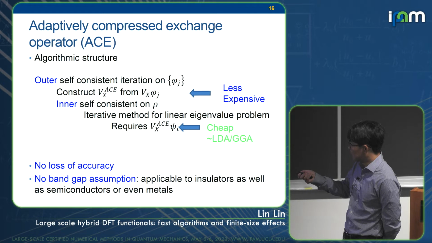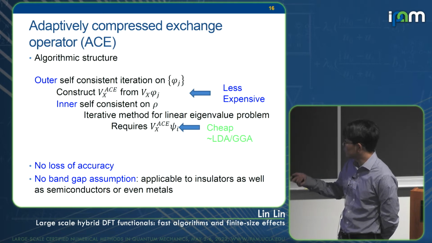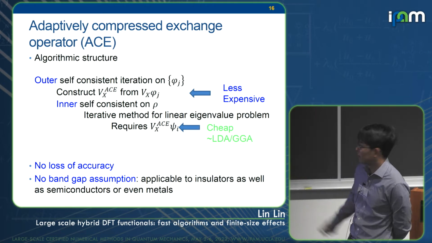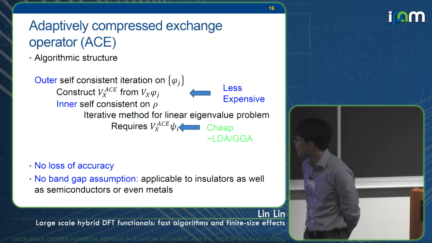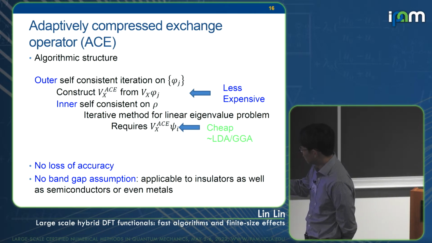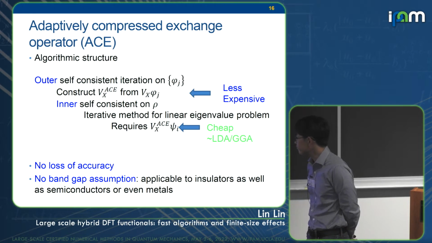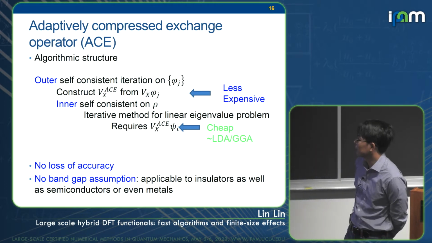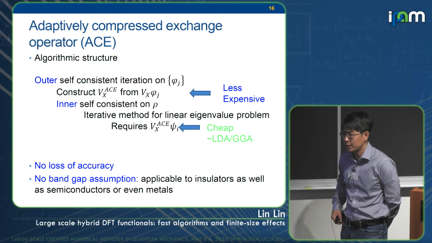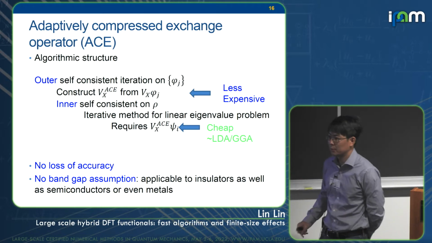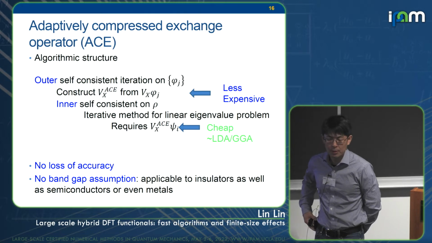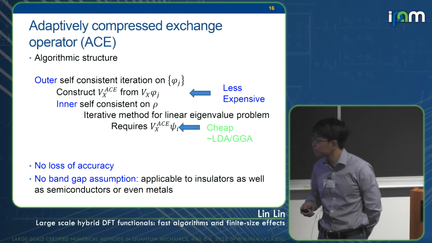And in the innermost iteration, whenever Vx is used, you replace it by the surrogate. The application is just two matrix multiplications. It's extremely cheap, and you only do the expensive step outside. There's no loss of accuracy, assuming it converges to the same fixed point. And there's no band gap assumption either. We have tested a lot for both insulators, semiconductors and metals.